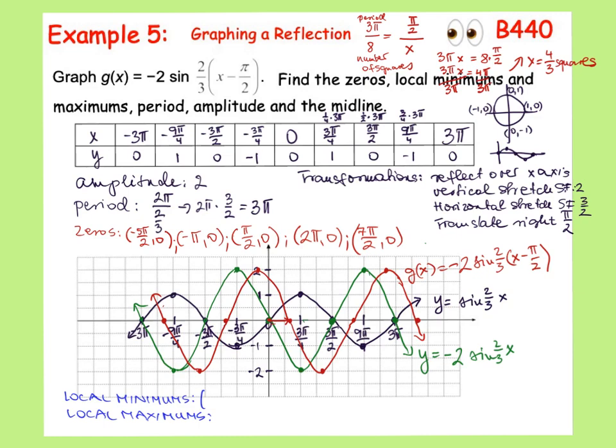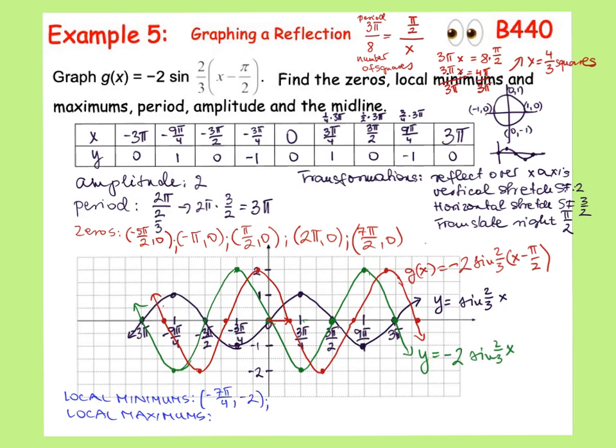So the first local minimum is right here, which is -9 pi over 4 plus pi over 2. So that's going to give us -9 pi over 4 plus 2 pi over 4. So it's -7 pi over 4, and then it's -2 for the y coordinate.